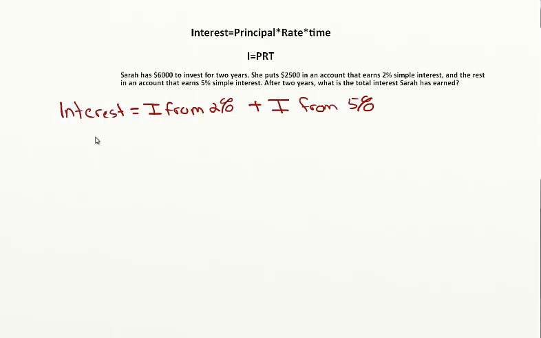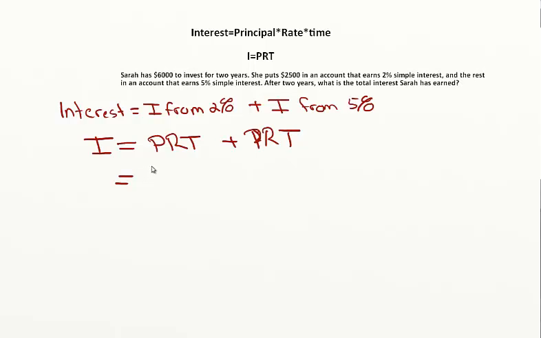So our big I interest is going to be PRT from the 2% account plus PRT from the 5% account.